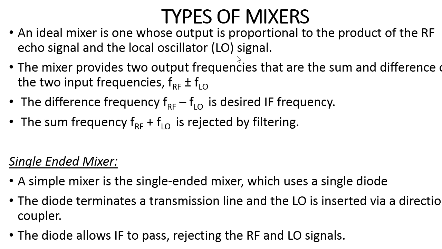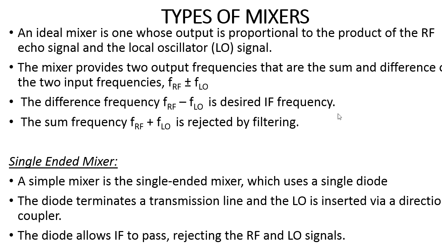That is the definition of the mixer here. RF signal is nothing but the echo signal received from the target, and we mix it with the local oscillator component, and we get the output as an intermediate frequency.